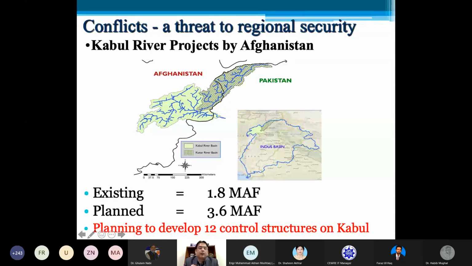The developed control structures control about 1.8 million acre-feet in this part of the basin, but there is also a plan to develop more control structures for 3.6 million acre-feet more. About 3.6 million acre-feet of water will then be reduced from what is coming into our river system.